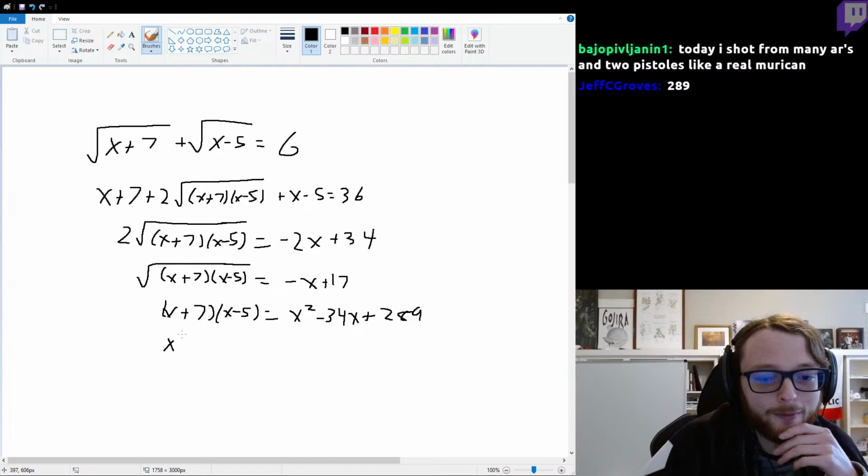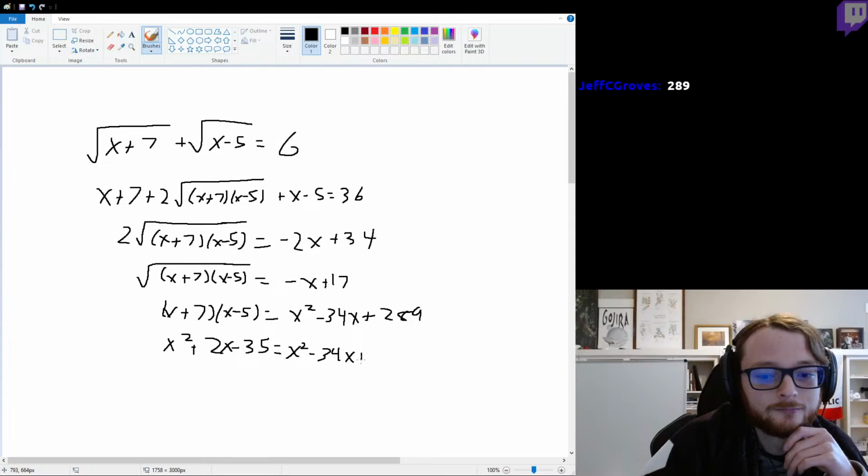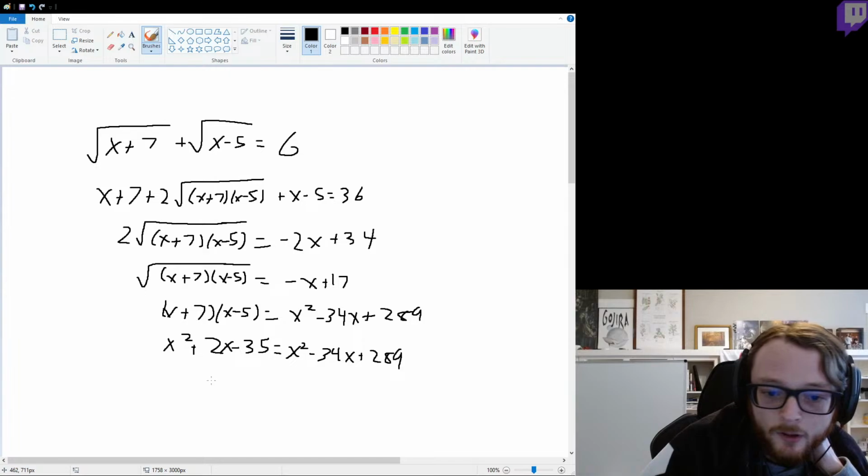Now this is something that's a lot more familiar for how to solve for most students. Oh, yeah, actually, it becomes linear as well.